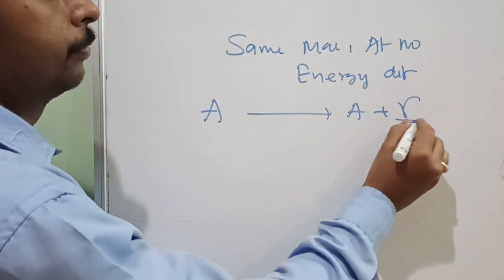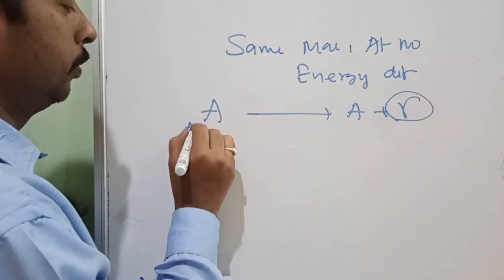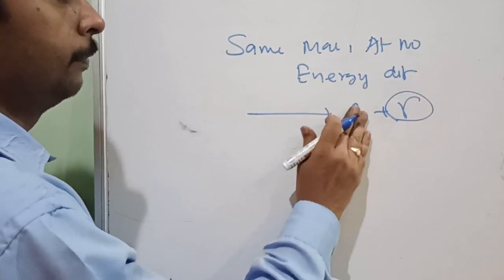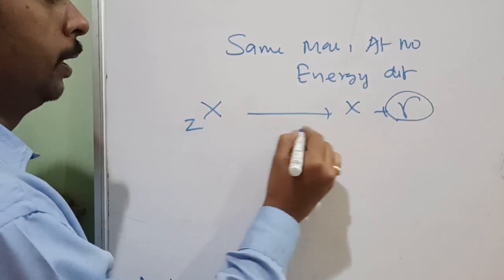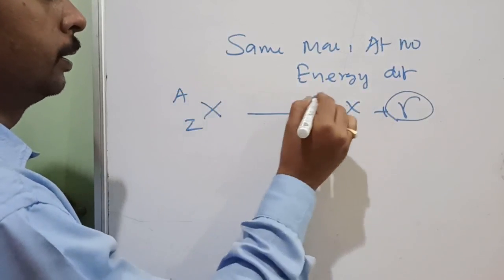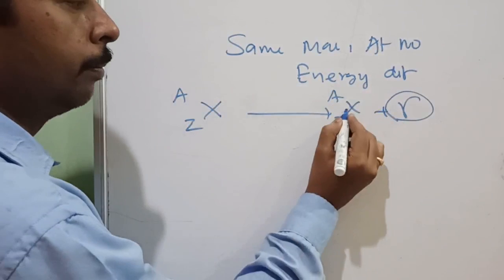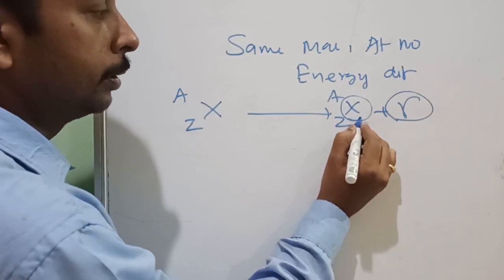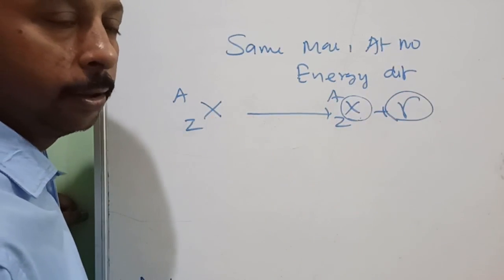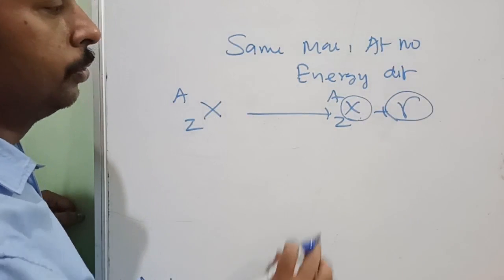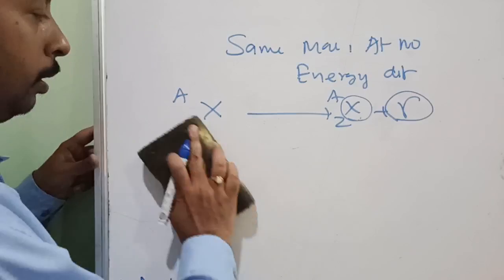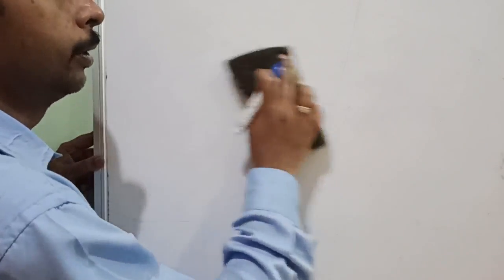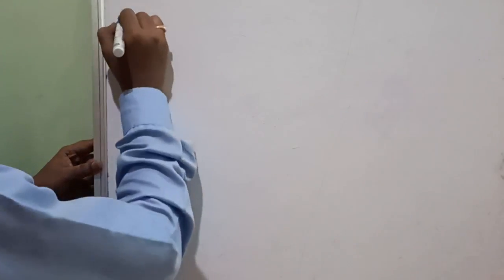Because of gamma, the atomic number is going to be the same, and mass number is going to be the same, but the energy of this nucleus is less than the energy of this nucleus. So these two are called nuclear isomers.